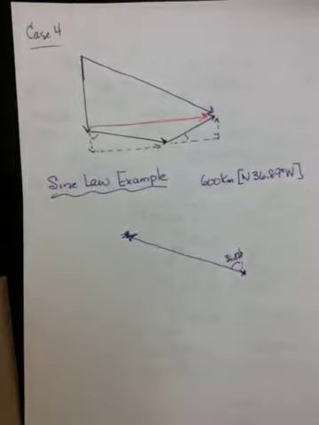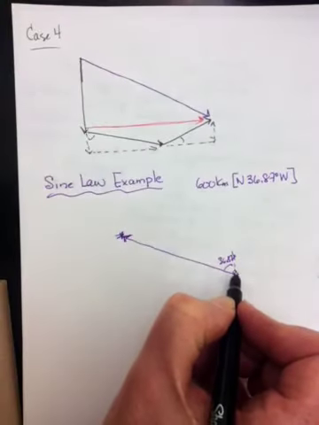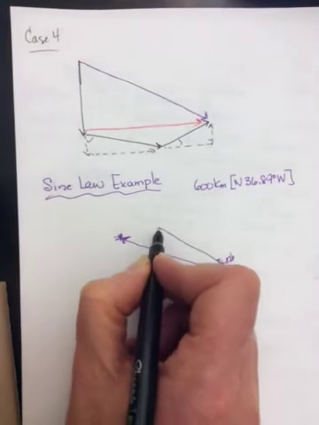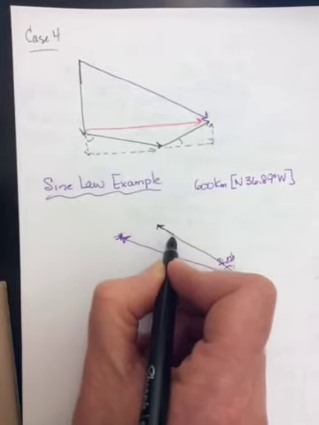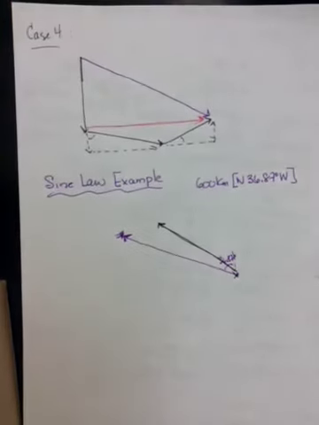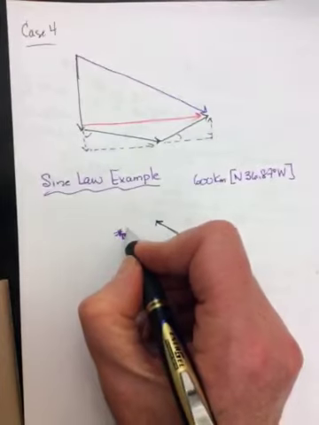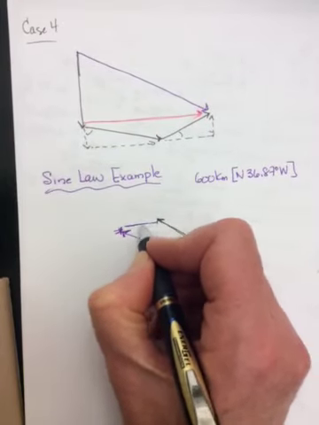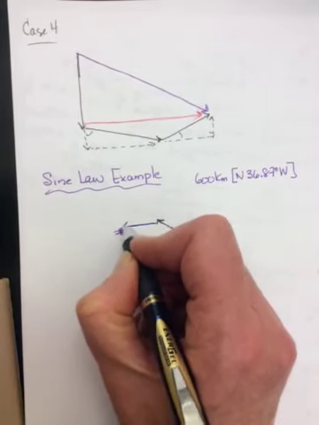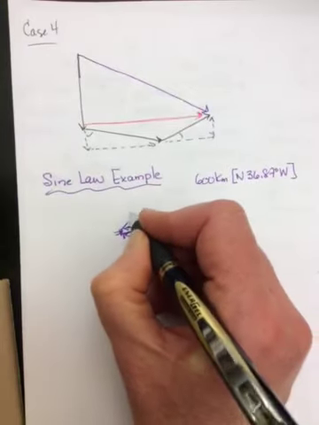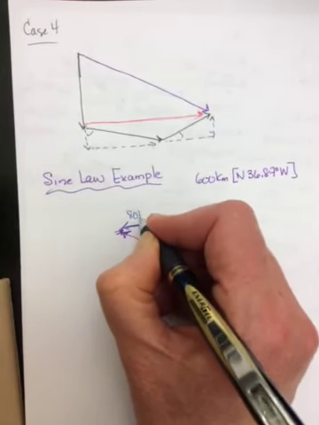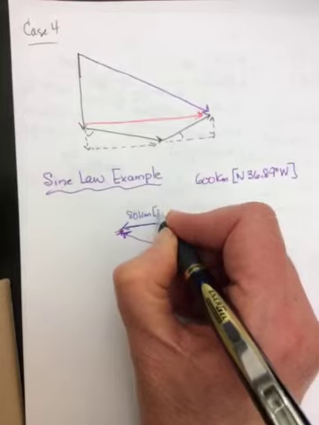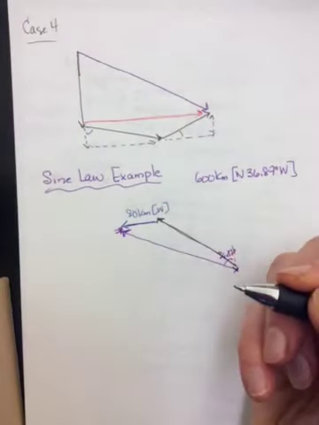So I need to aim further back here. This is what I need to do. And then I let the wind carry me the rest of the way. So this is the wind. This is the 80 kilometers per hour west that the wind is traveling. Okay?